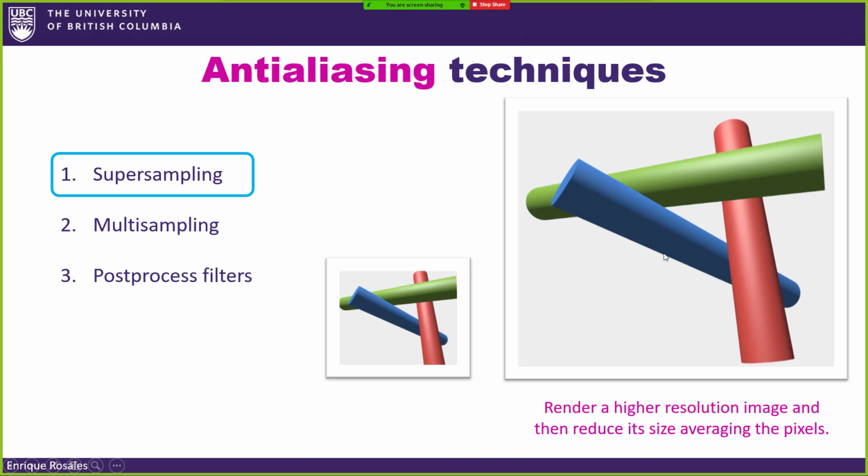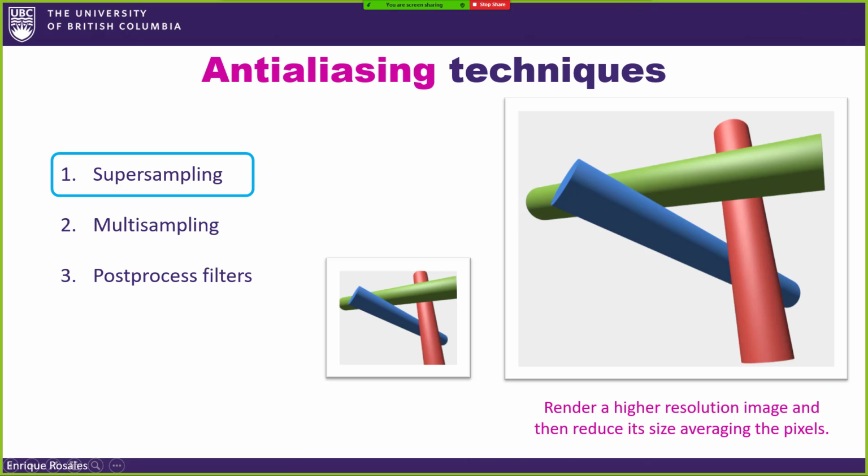The problem is this is just a very bad idea, because you need to compute a higher resolution image, so it's not a very good idea. But this was one of the first ideas to solve anti-aliasing, and I think people were using this maybe in the 90s, something like that.